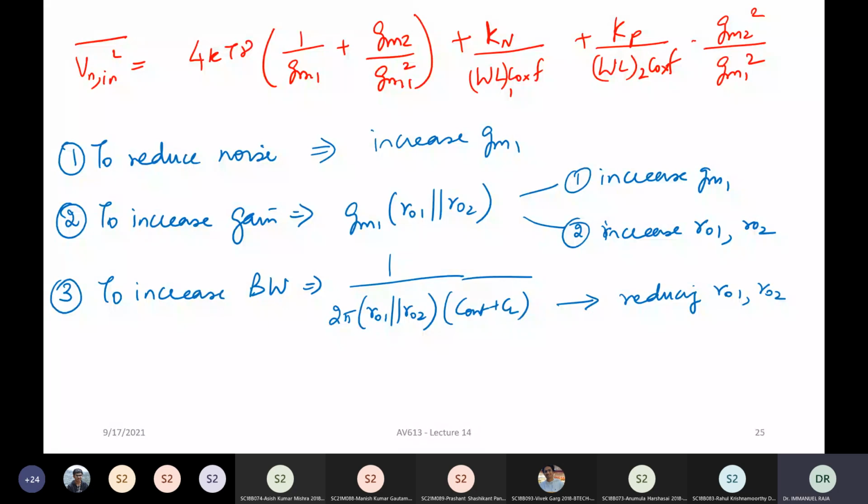Now you look at points number 2 and 3. To increase your gain, you have to increase your R01, R02. But in order to increase your bandwidth, you should reduce your R01 and R02. In other words, you see that there is a gain bandwidth trade-off, right?